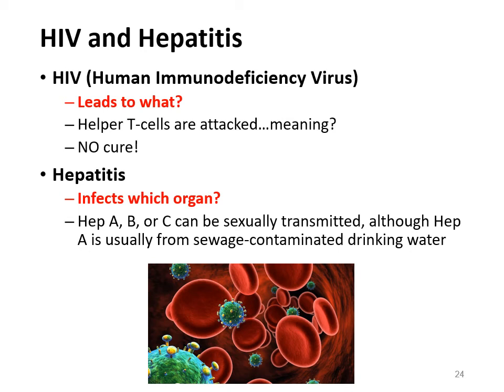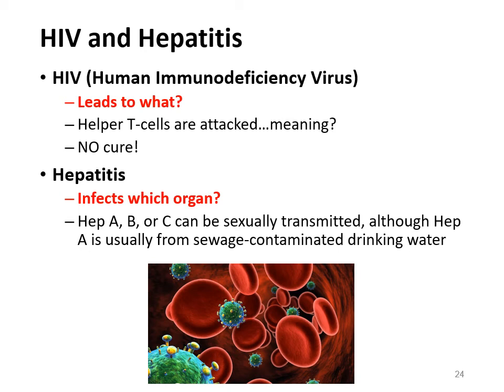So for HIV, I want you to know it stands for human immunodeficiency virus and ultimately leads to AIDS, acquired immunodeficiency syndrome. What this means is HIV is the infection, the viral infection that you get.